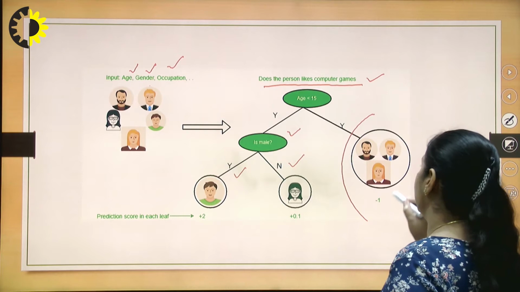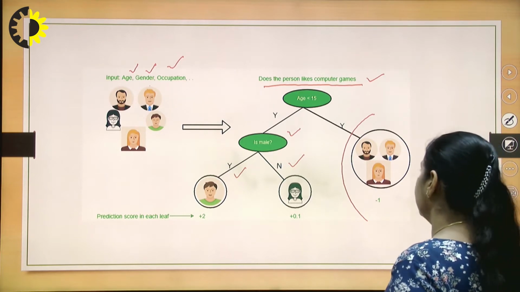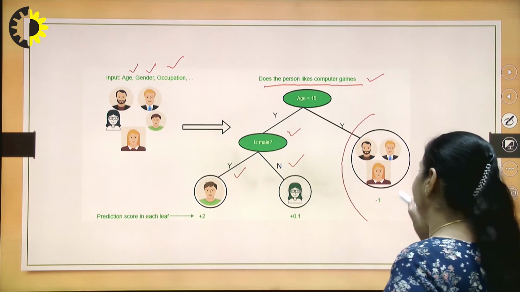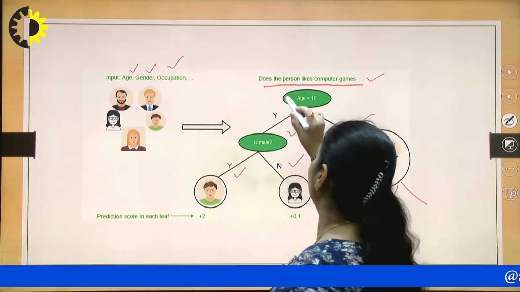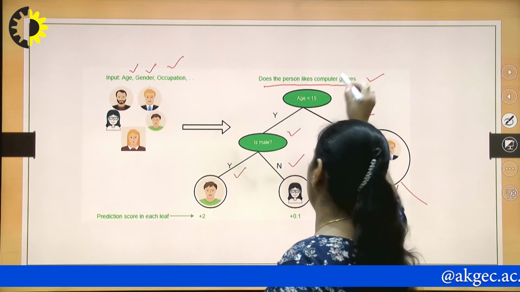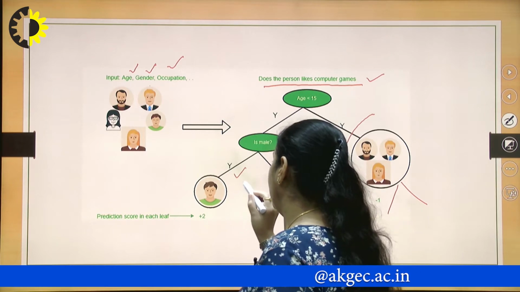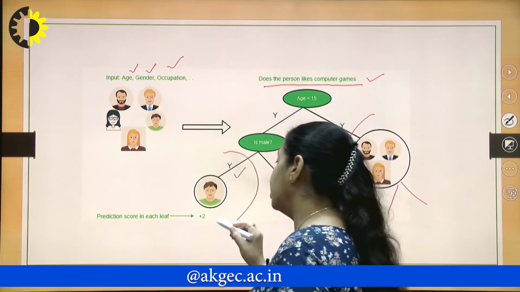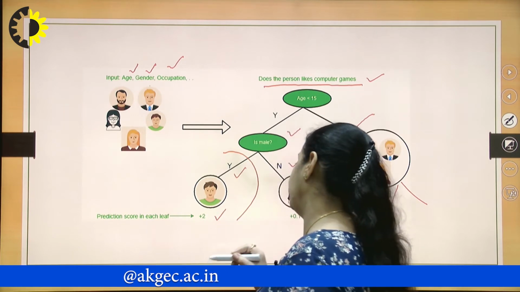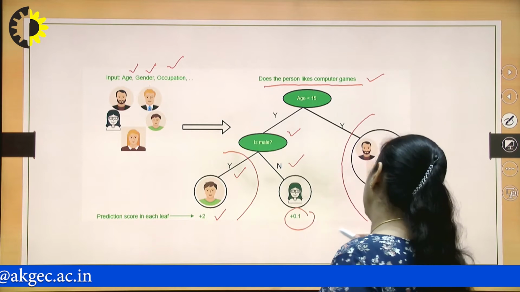Similarly, the remaining set of the data goes to the other side of the decision tree. Further, we need to classify whether the age is greater than 15 or less than 30 years. Then we can form the decision tree further. But now we want to find whether the person likes computer games or not. Here we have a male candidate whose prediction score comes out higher, that is +2, whereas the female's prediction score comes out to be +0.1 only.